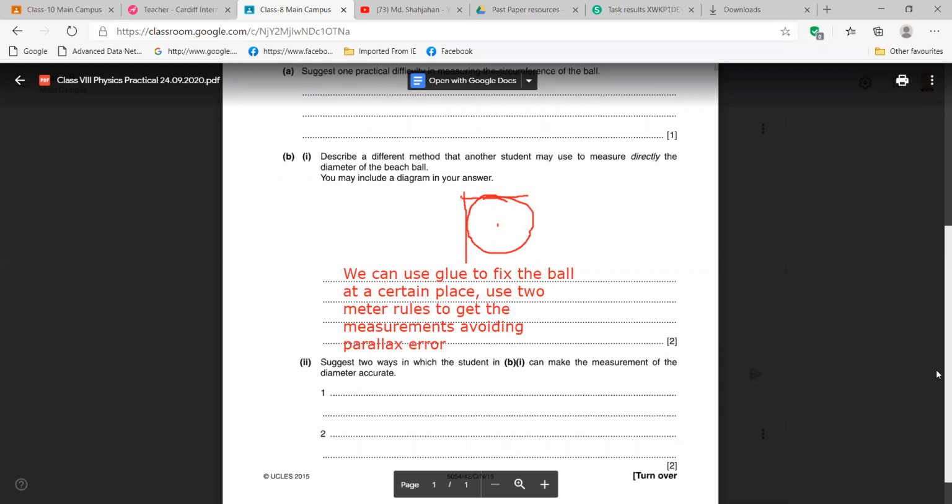Sir, can I tell? Yes, tell me. If we use strings the ball might slip, because if you hang the ball in the air it will be difficult to fix it in a certain place.